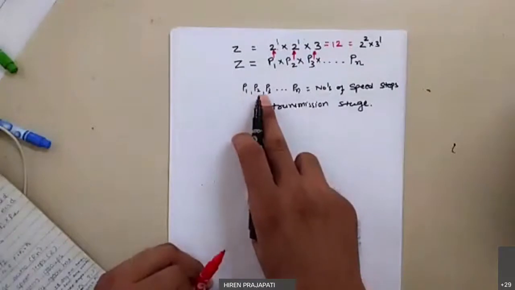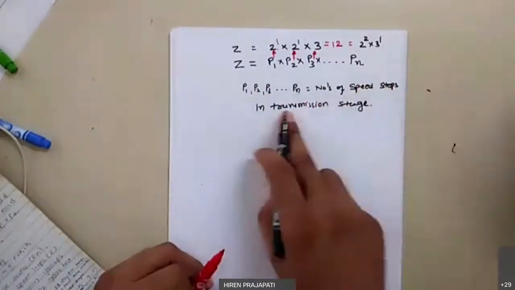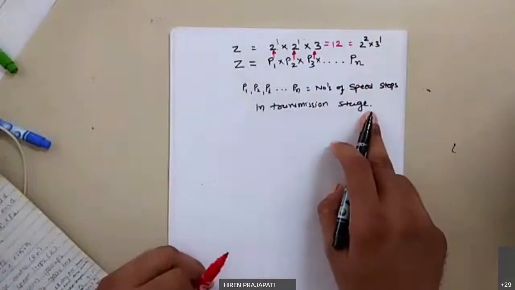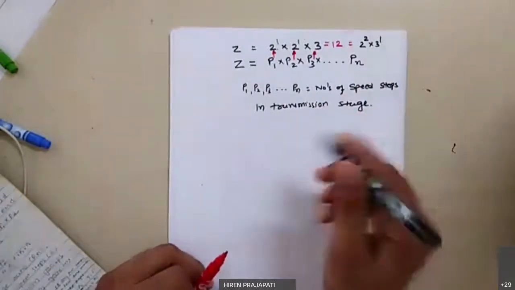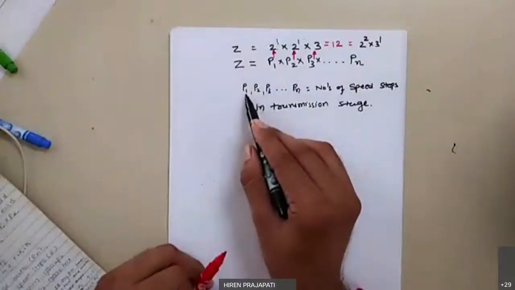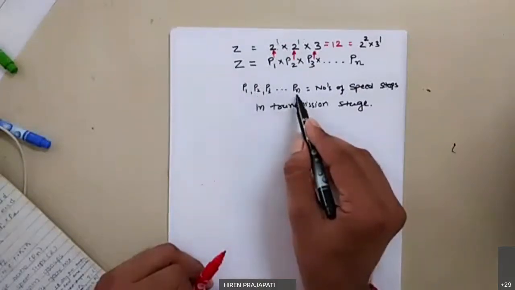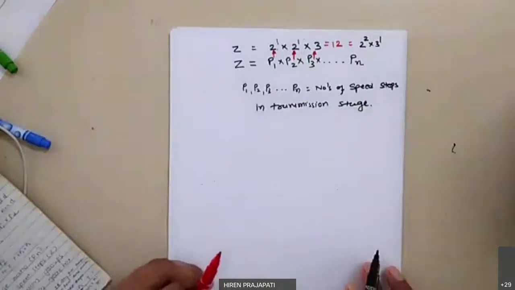So P1, P2, P3, Pn represent the number of speeds available in a particular transmission stage 1, 2, 3. P1 is the number of speeds available in stage 1, P2 the number of speeds available in stage 2, and Pn the number of speeds available in stage n, the last stage, right?